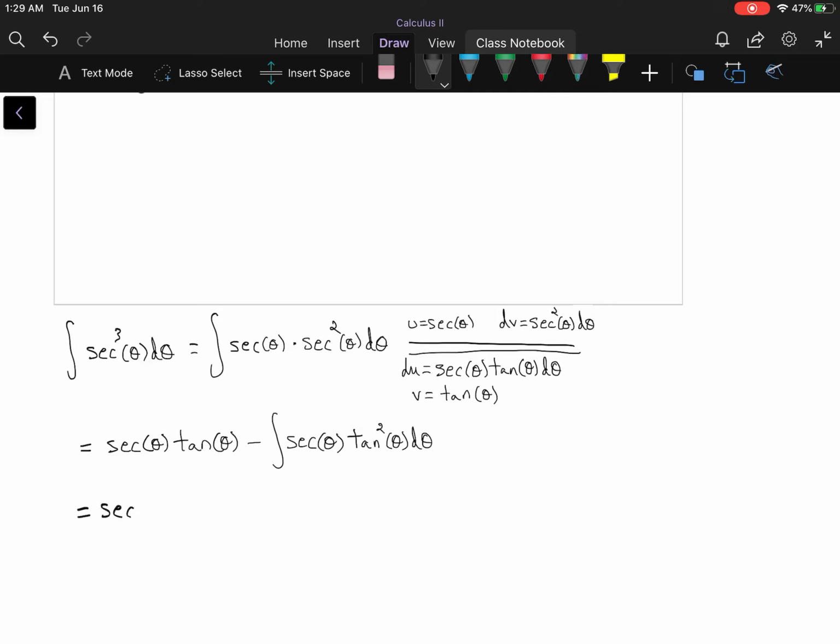So this is secant theta tan theta minus the integral of secant theta times secant squared minus 1.